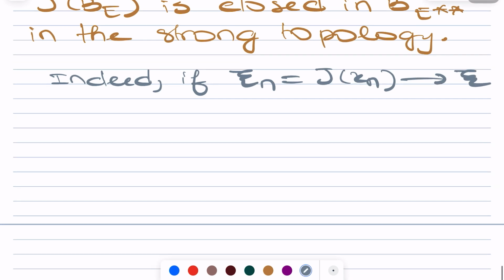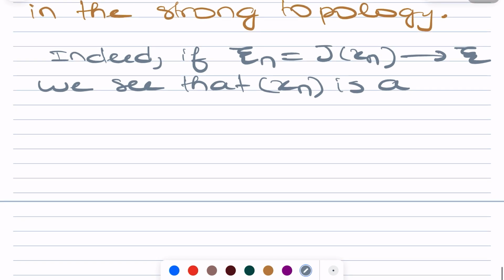So we see that xn is a Cauchy sequence, because remember the canonical embedding is isometric.